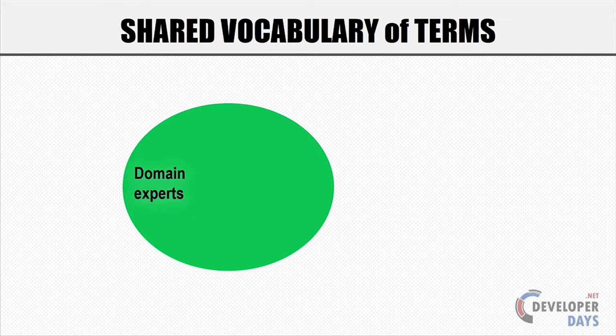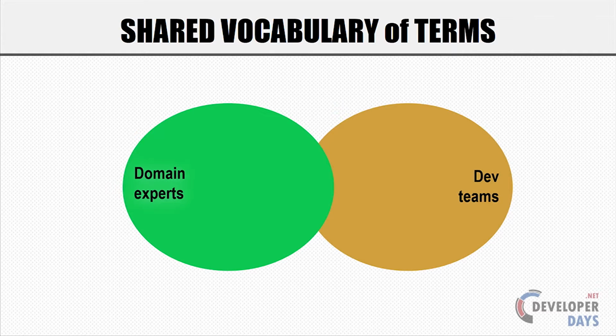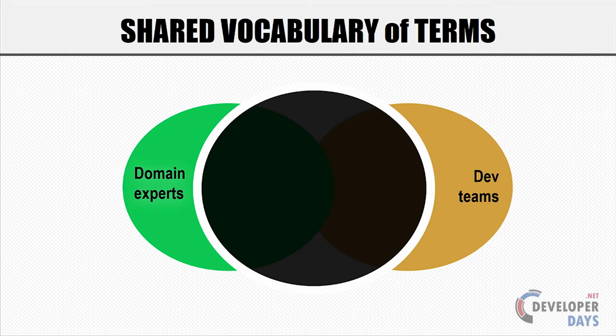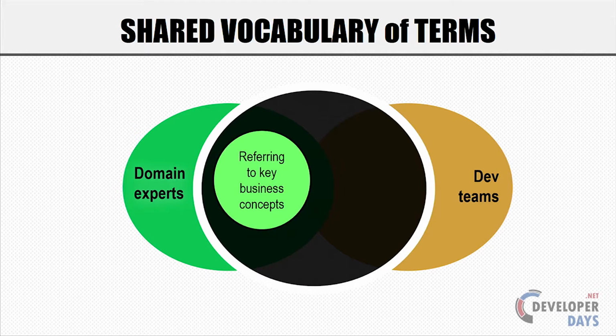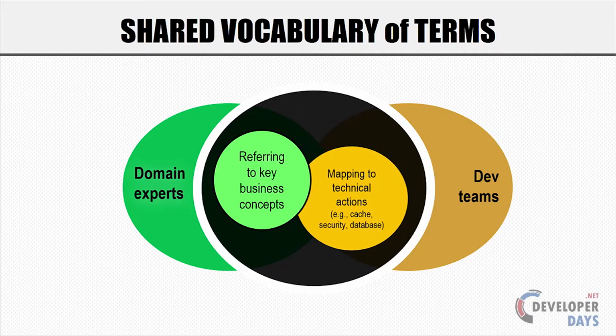Because in any business meetings, there are domain experts, there are development persons, and each of these two groups of people have their own lingo, their own jargon. The ubiquitous language is essentially a common vocabulary of terms where most of it are words and verbs referring to key, fundamental business concepts, and a small subset are still technical terms, because we are still writing software.